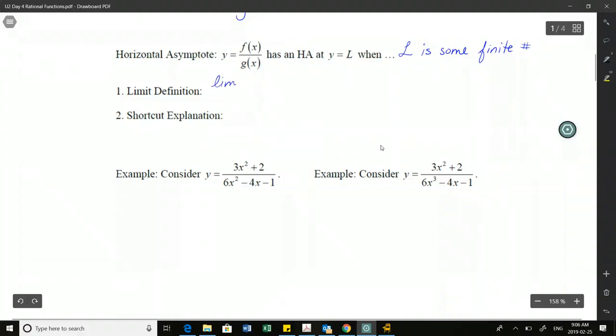What we're actually looking for to find the horizontal asymptote is when x is approaching infinity and negative infinity.